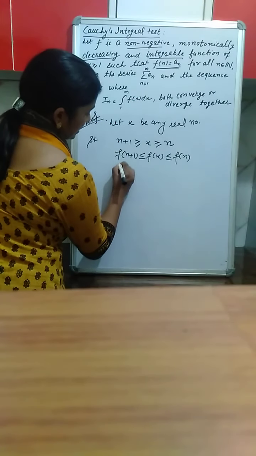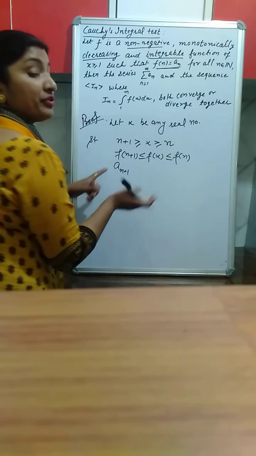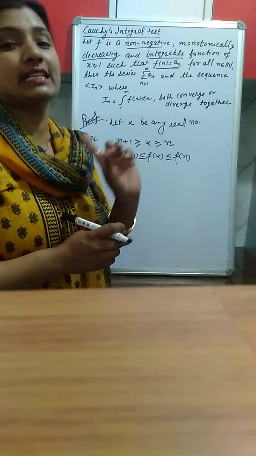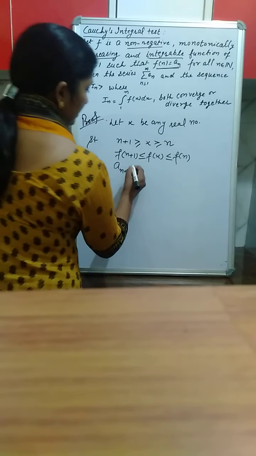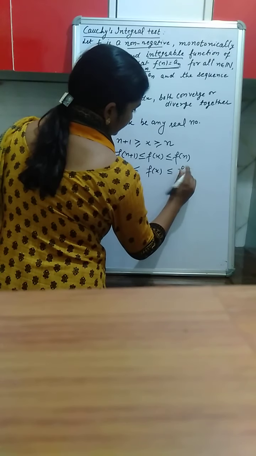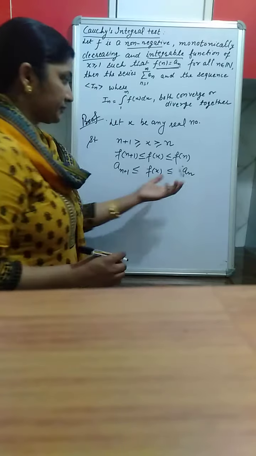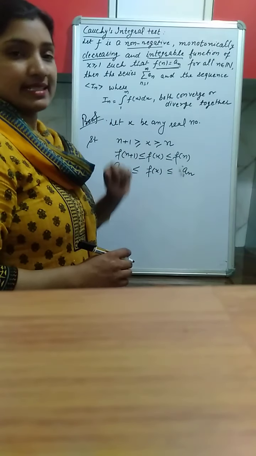So f(n+1) is a_(n+1), the (n+1)th term of the sequence of which the series is made, right? This is less than or equal to f(x), and this is less than or equal to a_n. For any natural number, we have taken this x.